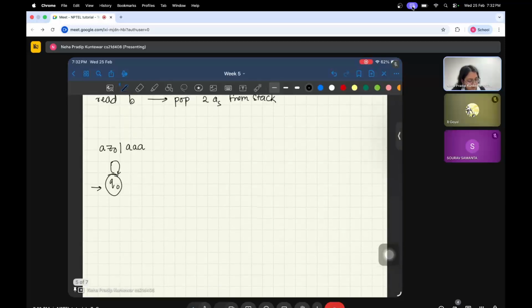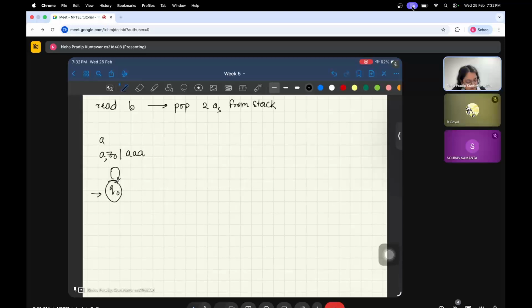And if you see A and the top of the stack is also A, then also you push three copies. Finally, if you see a B and the top of the stack is A, then we pop it, and Q2 does that thing again. If you see an A, we pop it. Sorry.